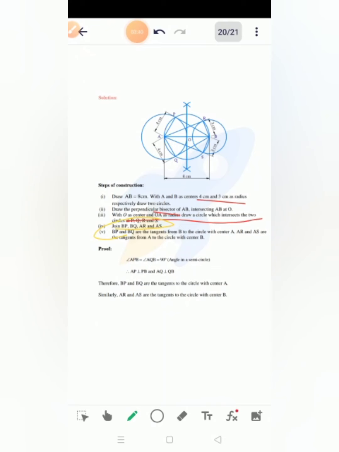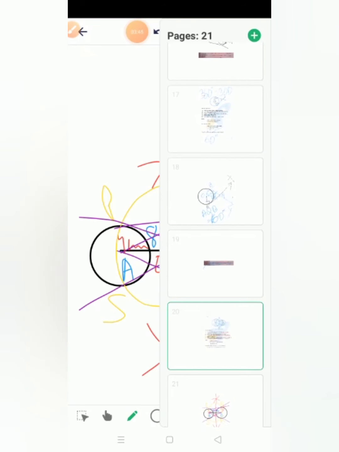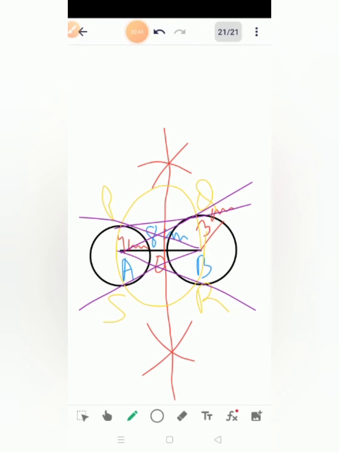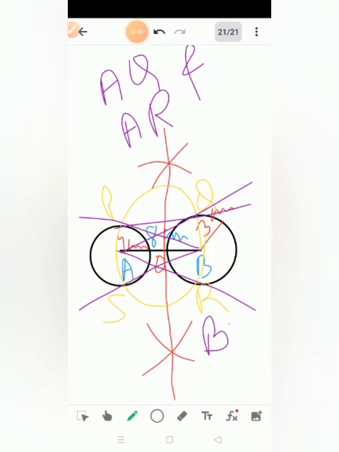After joining, BP and BS are the tangents from B to the circle with center A. Now you have got your tangents: AQ and AR are tangents to the circle with center B, and BP and BS are tangents to the circle with center A. Okay, fine.